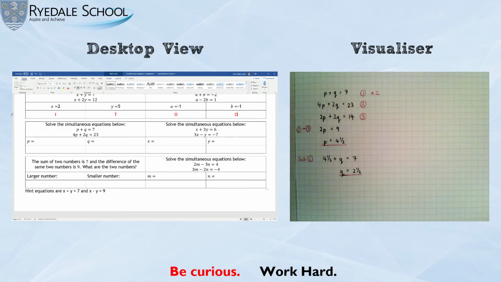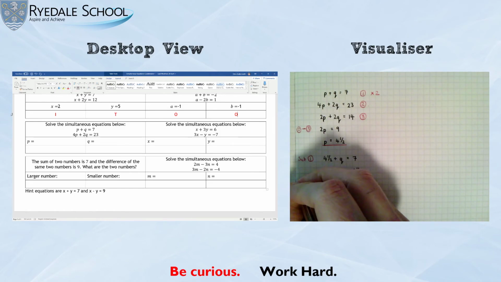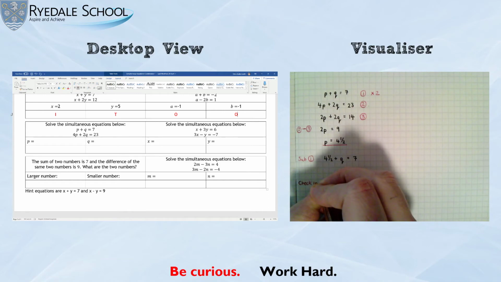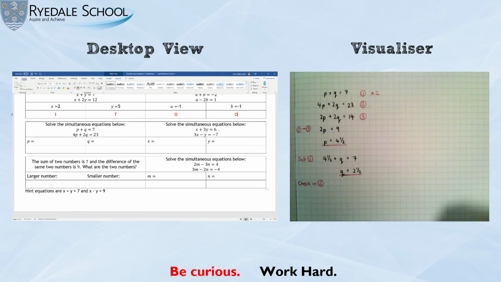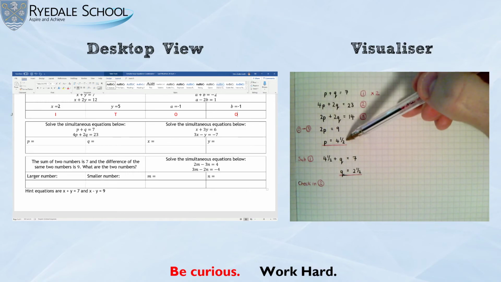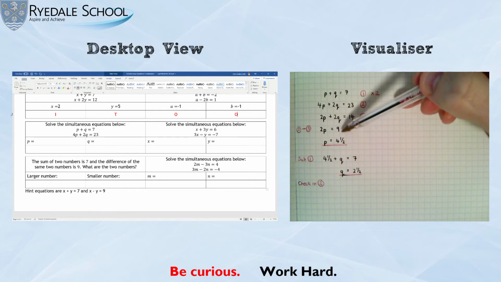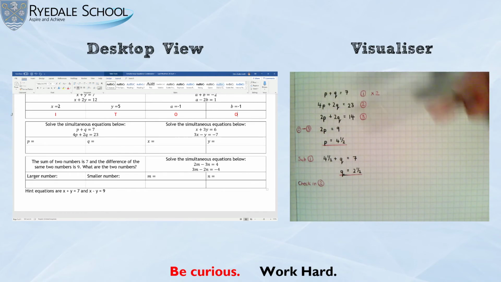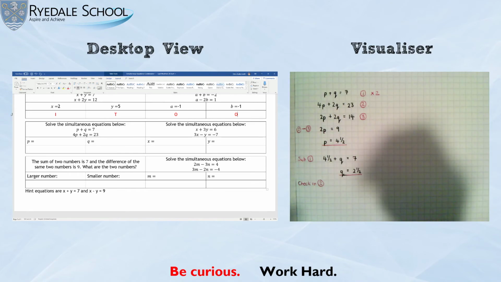Let's do a check. And I'm going to check in my equation 2. Now, hopefully you wouldn't need a calculator here. I need to do 4 4.5s. Well, I know 2 4.5s is 9, so 4 would be 18.